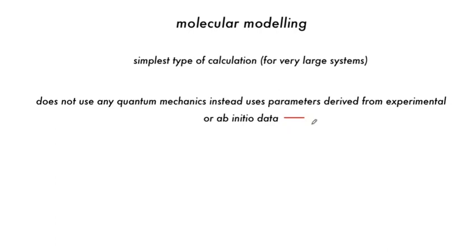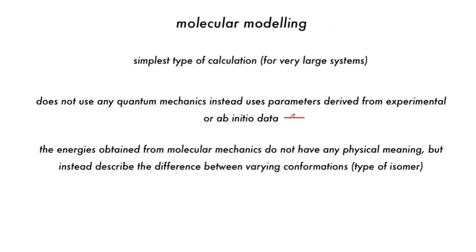And from that, we get parameters like the partial charges of atoms in a molecule, the size of the nucleus and stuff like that. And that can be used then to perform these molecular modeling experiments and calculations.